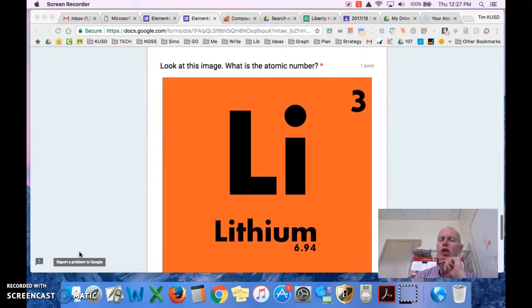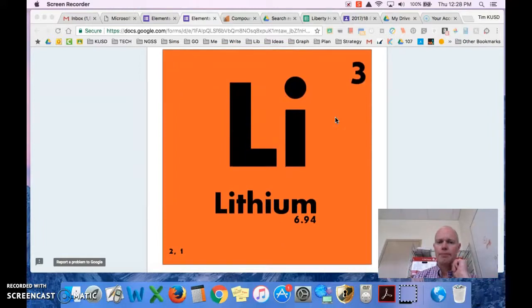What do we mean by an atomic number? We'll be looking at this in lots more detail, but every element, lithium being an element, has its symbol, Li. And all elements have their own atomic number. The atomic number can always be told because it's a whole number. If you see another number that's most likely a decimal, that's its atomic mass.